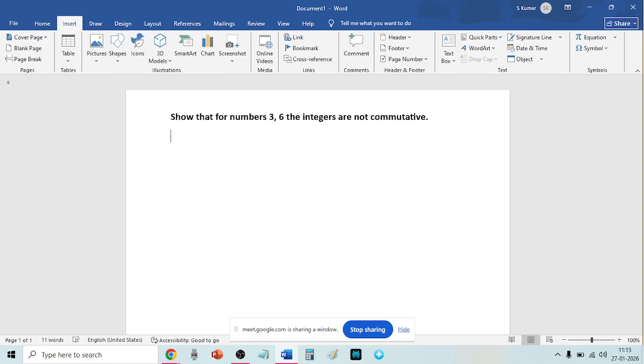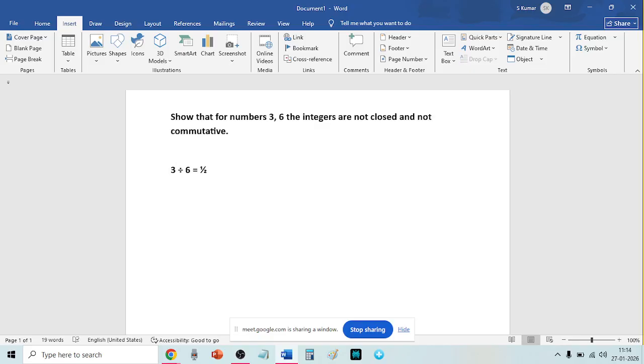Somebody will write 3 divided by 6, this division sign. 3 divided by 6 is 1 by 2, and it is also not closed. Not closed and not commutative, both.